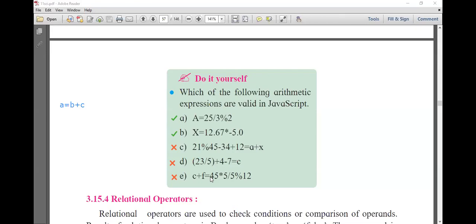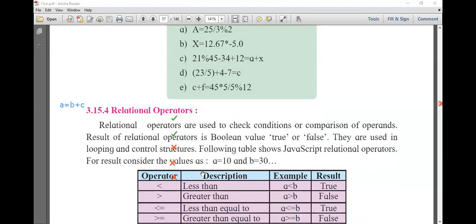I heard that Gaurish was speaking with another person, which means you're not concentrating. Let me know what people are doing. Okay, so here are the valid and invalid expressions.